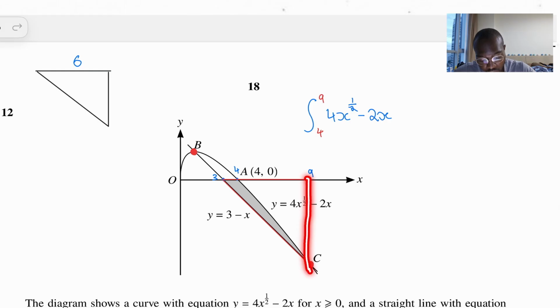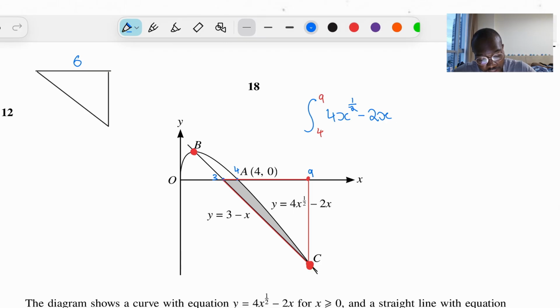Now we know there's an x coordinate of 9, but we don't care about that. We care about the y coordinates now. So we know that this is on the x-axis, so it's going to be 0. And we need to work out what the y coordinate is here. So for that c value, we know that has an x coordinate of 9, okay? So if it's an x coordinate of 9, then we know that the straight line is y equals 3 minus x, so all we need to do is y is equal to 3 minus 9.